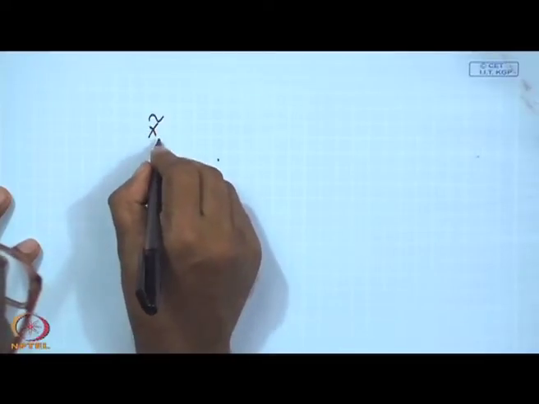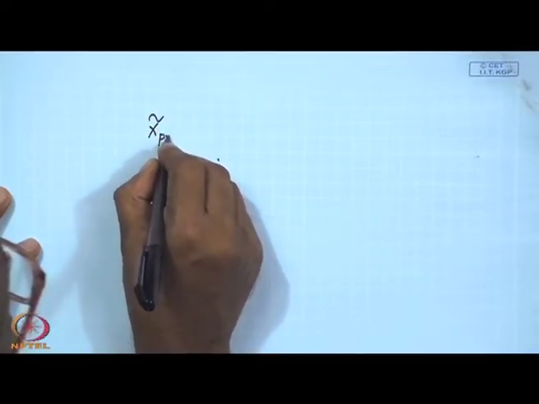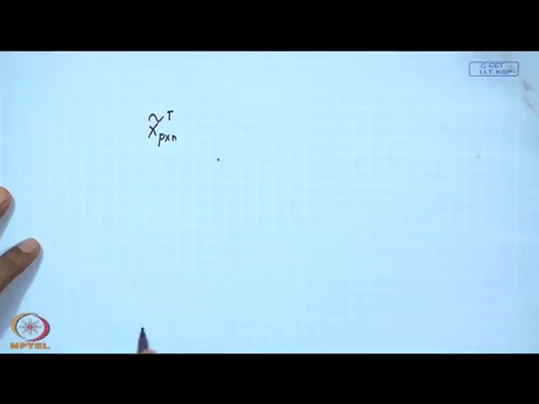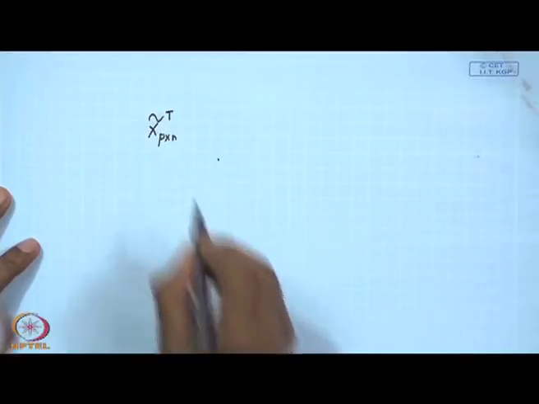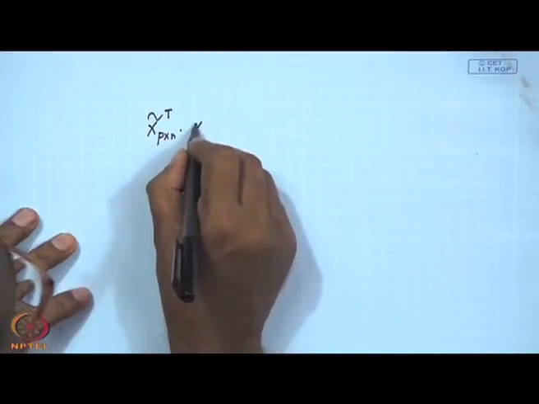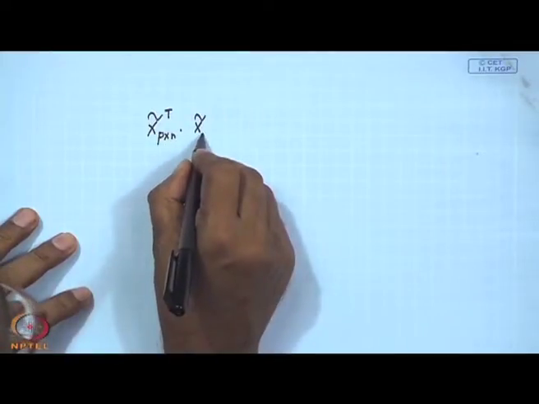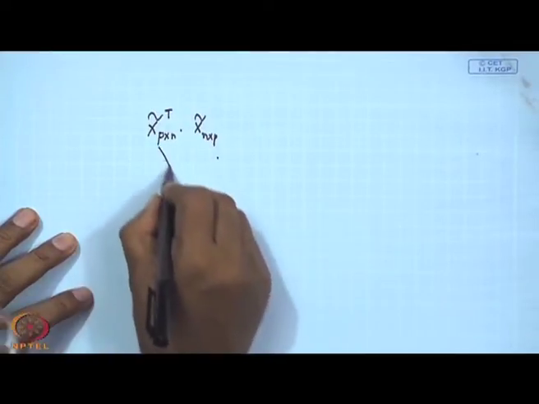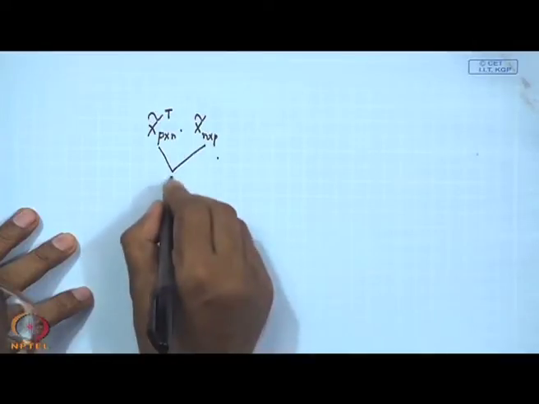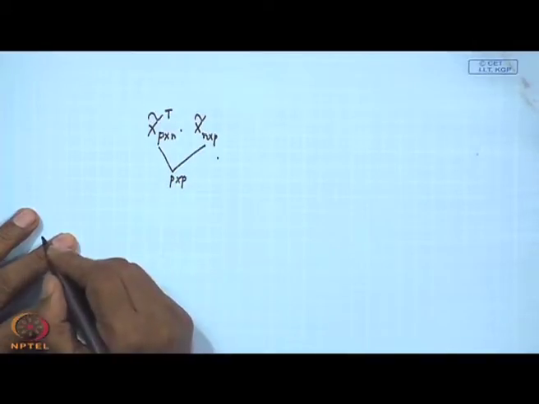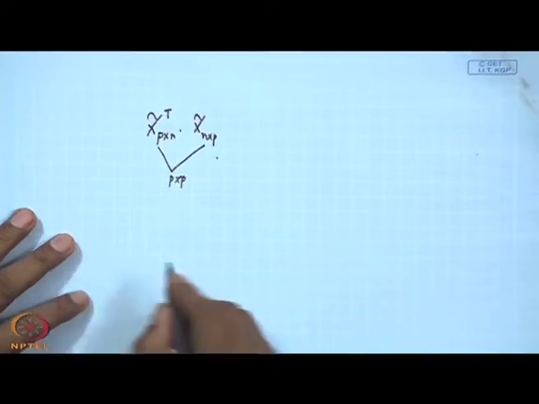Now, x tilde transpose will be p cross n, and if you take the dot product with x tilde, which is n cross p, the resultant quantity will be p cross p.